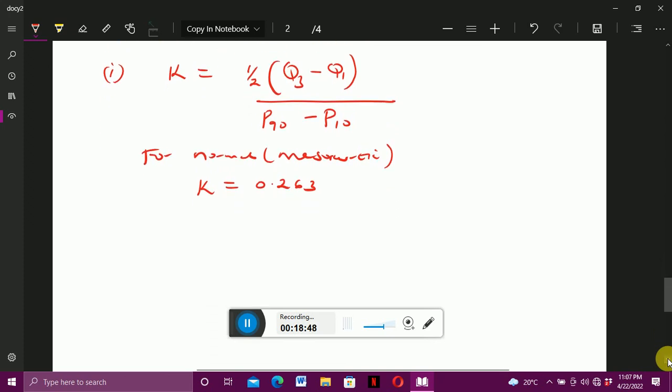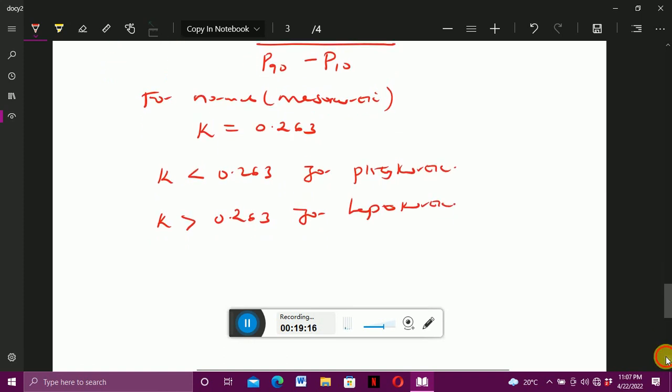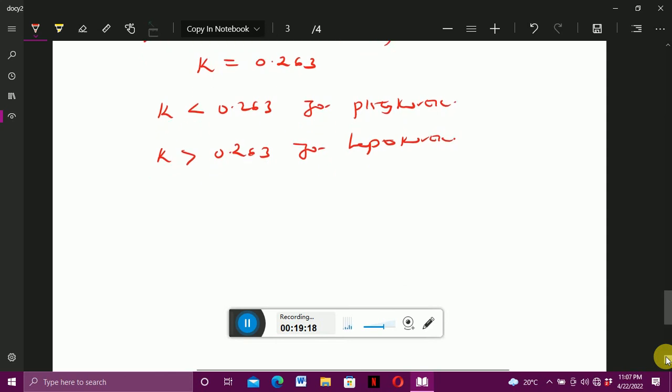When K is less than 0.263, it is platykurtic, and K will be greater than 0.263 for leptokurtic, a very highly peaked distribution.